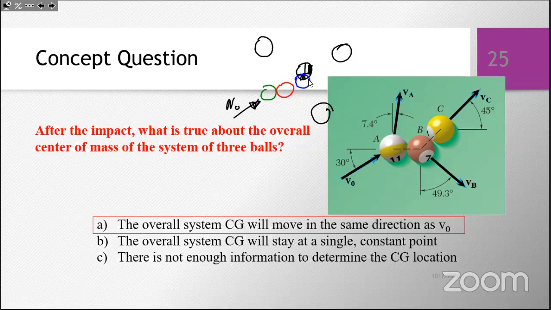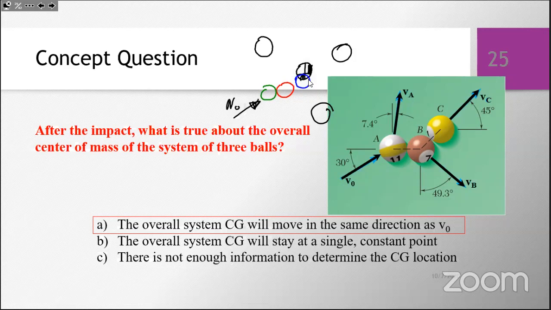Okay. So think of it this way, right? If they weren't allowed to separate, and this was like an L-shaped thing that you hit with the ball, that entire system is going to move up and to the left. It's the same deal with the center of gravity here.